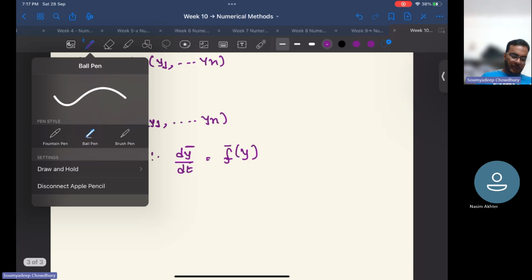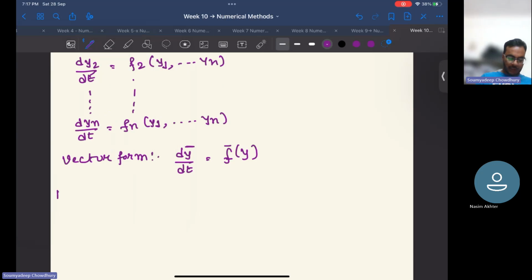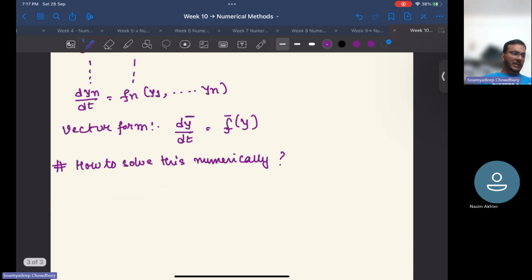So now how can we solve this numerically? Analytically, we know there are many techniques, but how to solve this numerically? This is the main question here. So numerically, in any numerical technique, the main thing is your discretization, right?